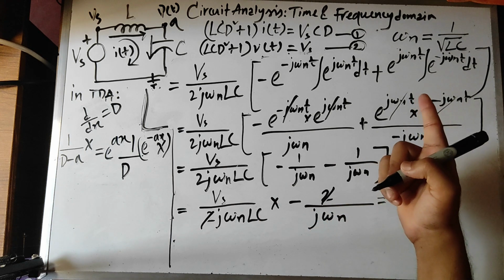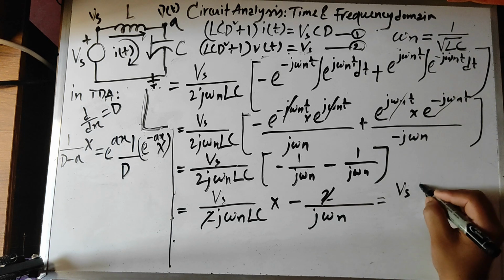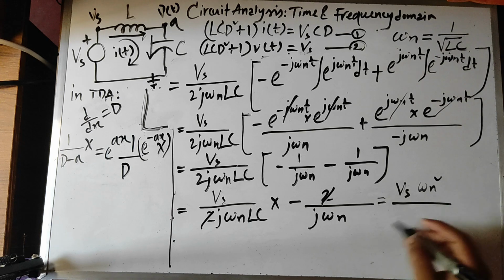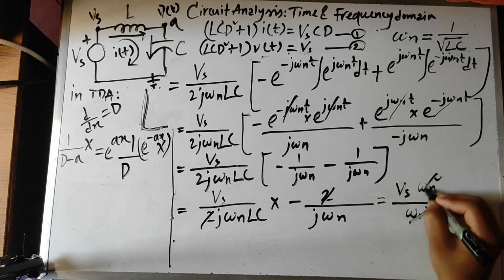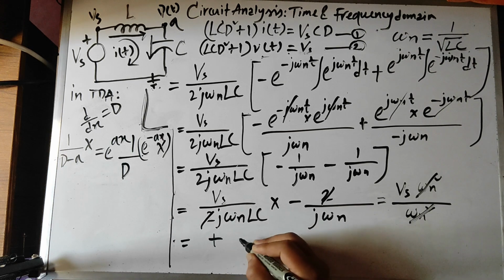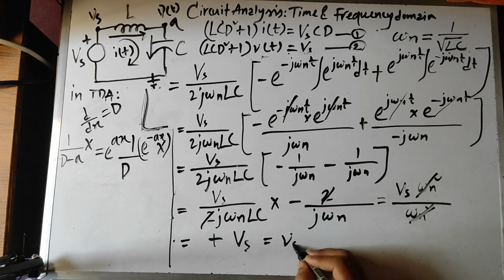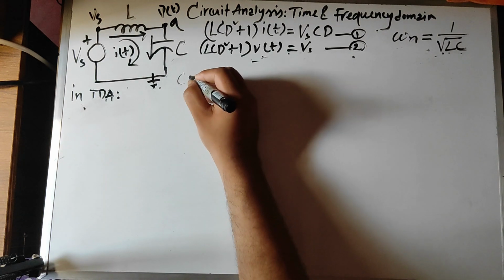We know that omega n is 1 by root LC, so omega n square is 1 by LC, so this will cut out, leaving us with a positive DC value, which is the steady state response.